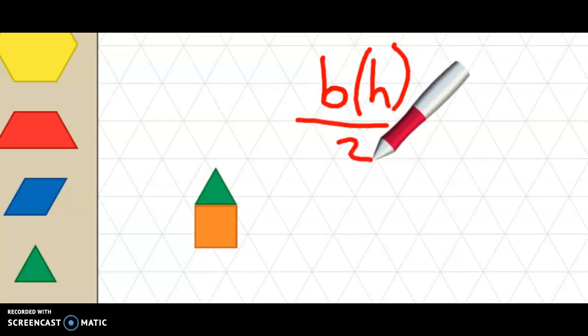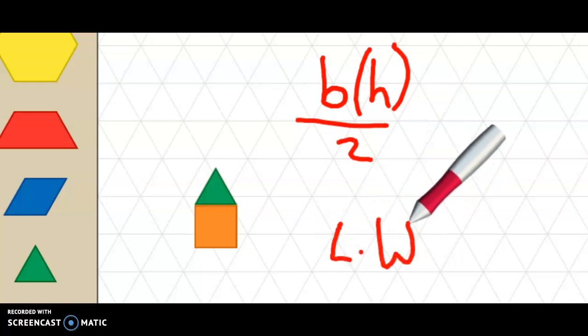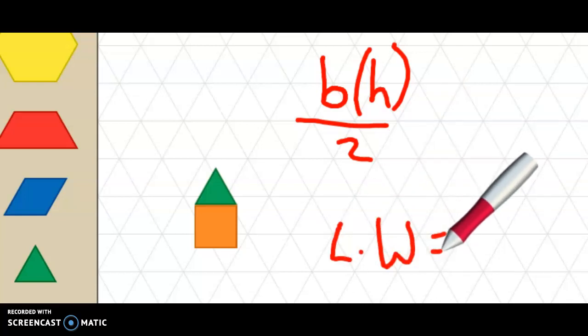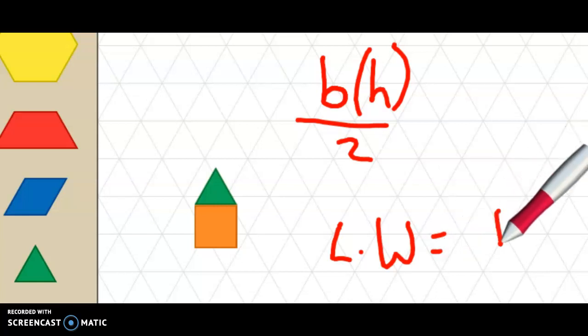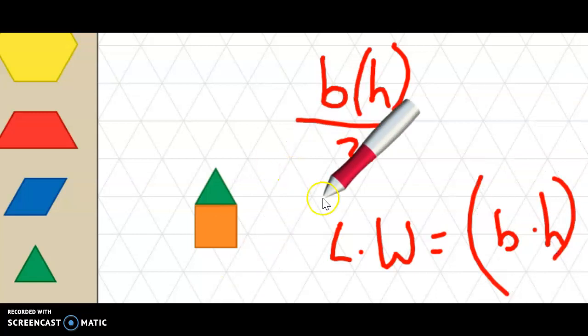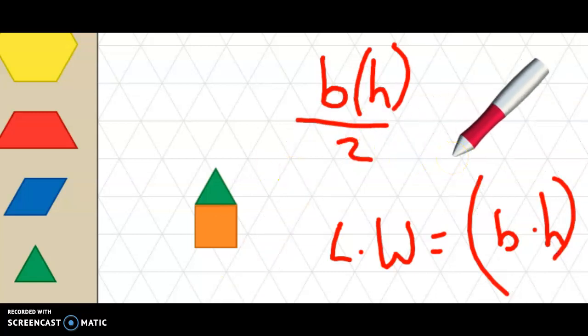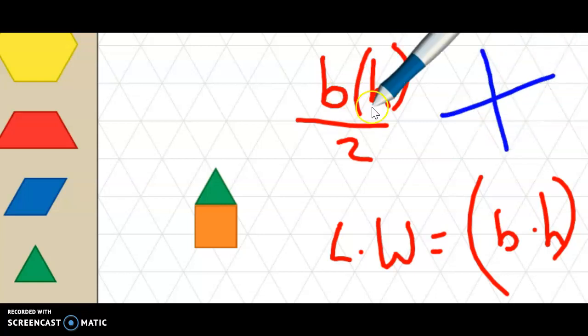For our rectangle or our square, we do length times width, or if it's a parallelogram, we do base times height. So we look at these two things, and then we add these together when we're done, and that gives us our answer because we're looking for the total area.